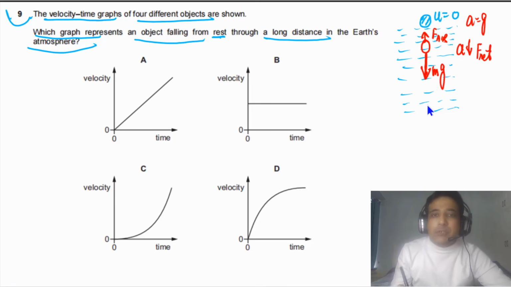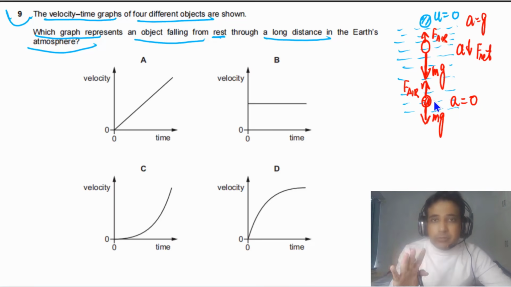Finally, these two forces will balance each other. Air resistance is acting upwards and its magnitude will be equal to the magnitude of gravity. When these two forces are balanced, the acceleration of this ball will be equal to 0. So at this instant of time, the ball has reached terminal velocity.